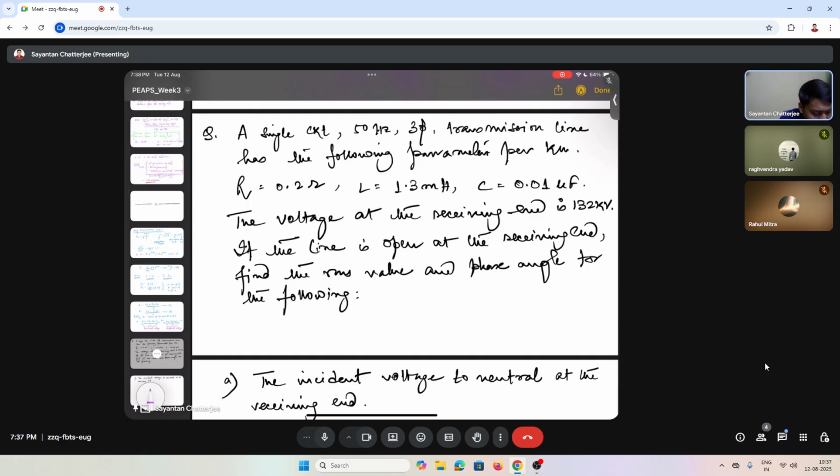So these parameter values are given per kilometer. This needs to be kept in mind. And the voltage is given as 132 kV. The line is open at the receiving end, so this also needs to be kept in mind.